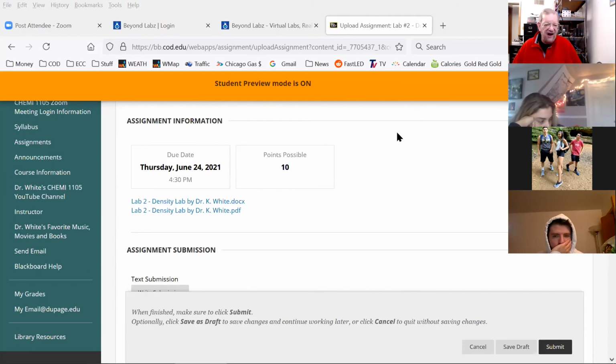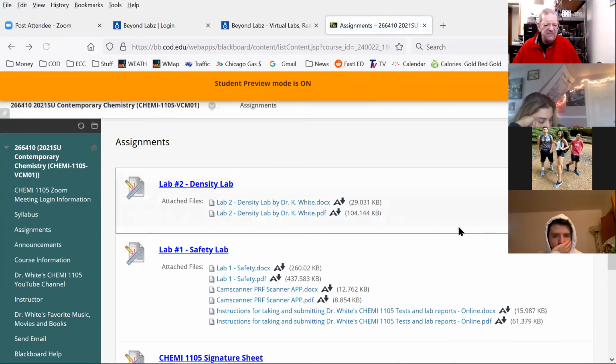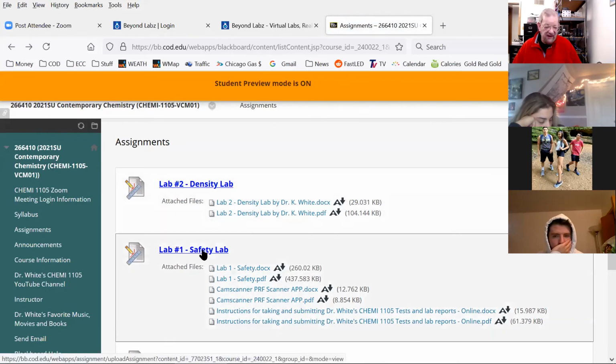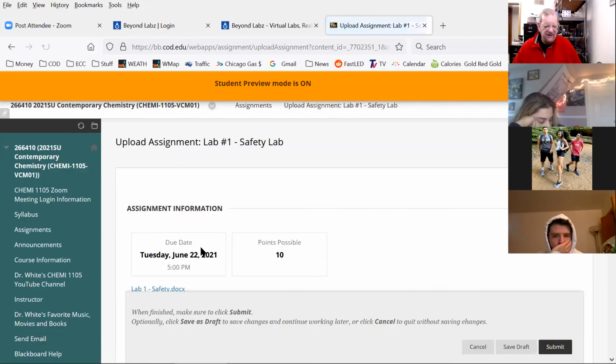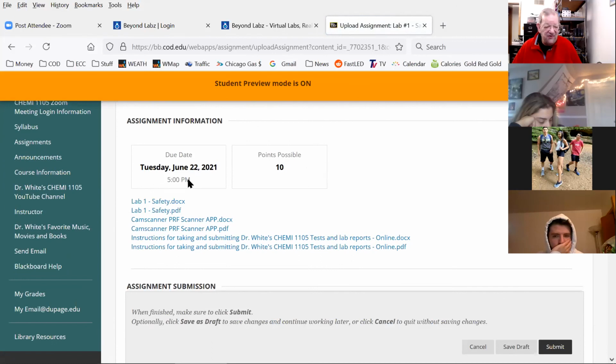But in case you forgot, open up the assignment, click on that. Let's go back and do it again. Where it says assignments, let's do the safety lab. Click on that, left mouse click, and right on top it says due date, which is today. And you've got until 5 p.m. to get the safety lab in.